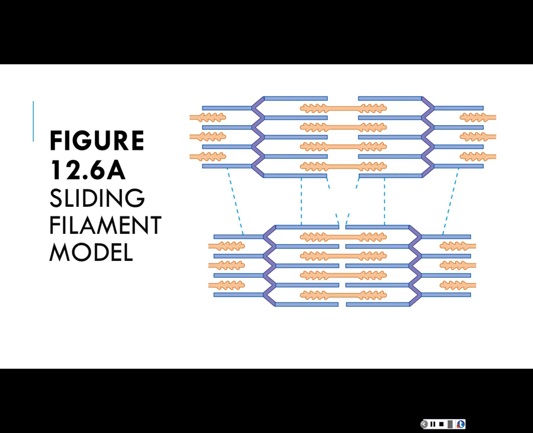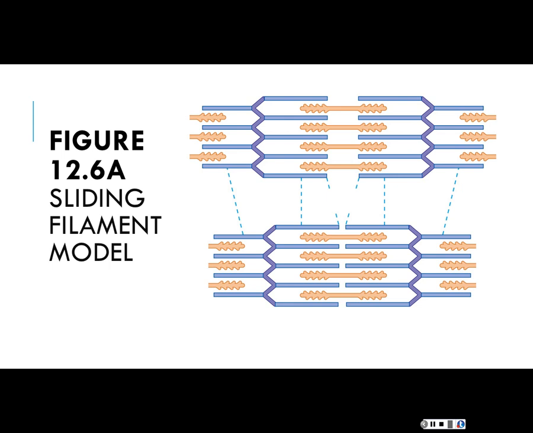Labeling the A band, the I band, and the H zone in the relaxed and the contracted state to see the relationship of those in a relaxed versus contracted muscle or sarcomere. So during relaxation, I'll highlight, what band did I just highlight?